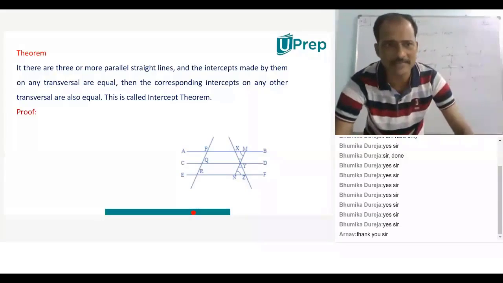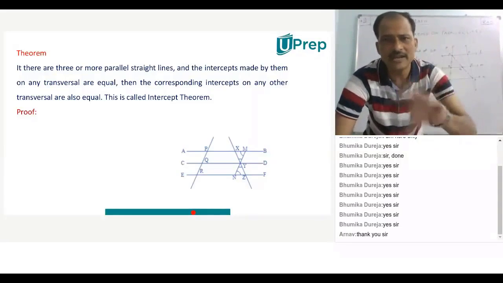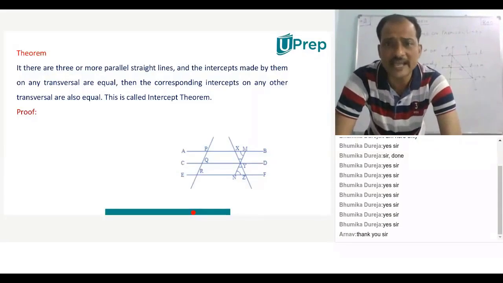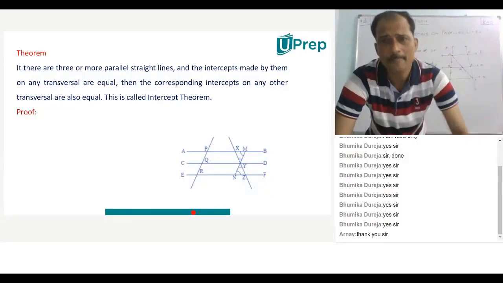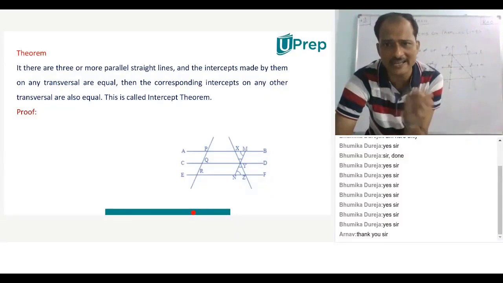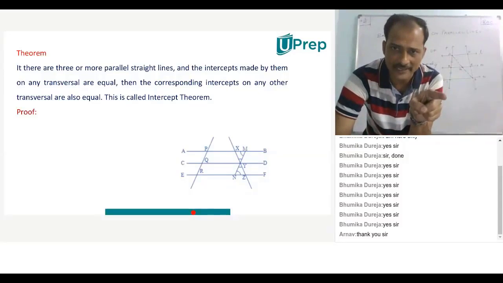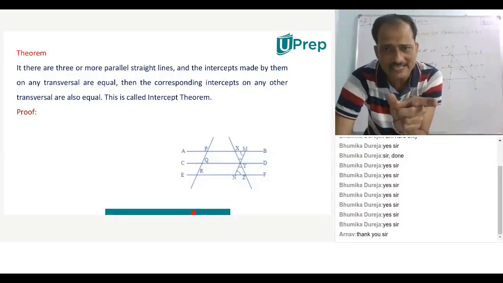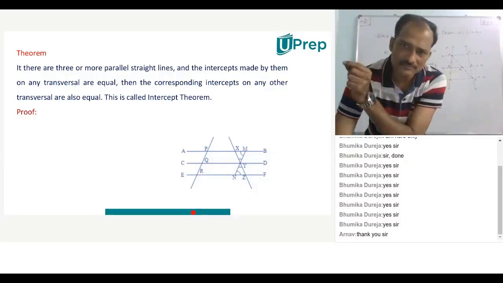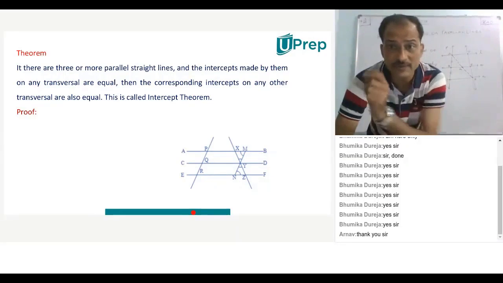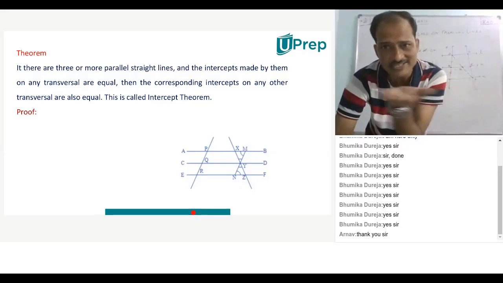Next, we discussed the basic theorems on angles. Adjacent angles on a straight line are supplementary, that means if a ray stands on a straight line, the pair of adjacent angles are supplementary. And if adjacent angles are supplementary, then the rays are opposite rays, that means it is a straight line.